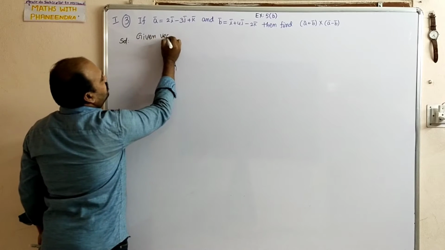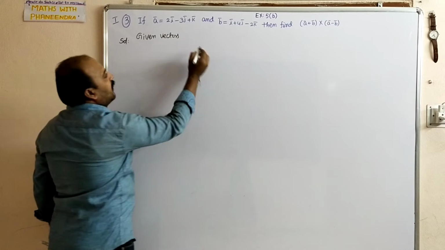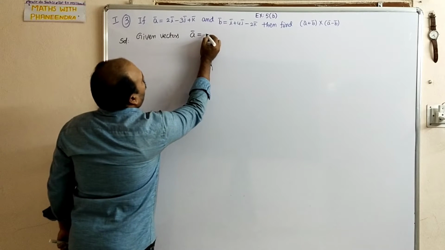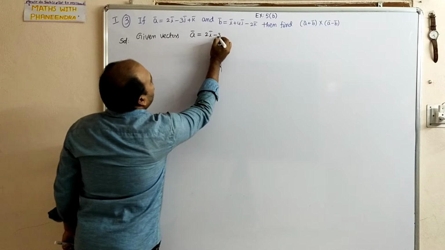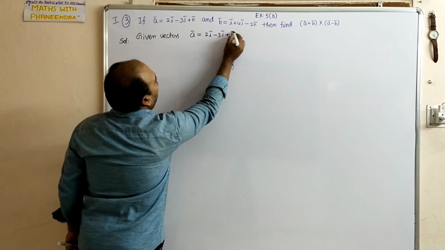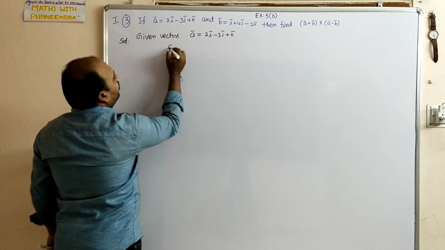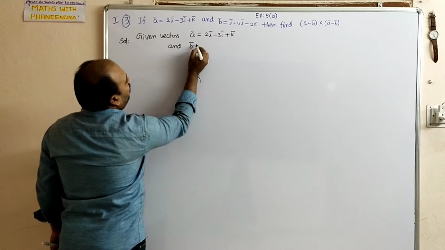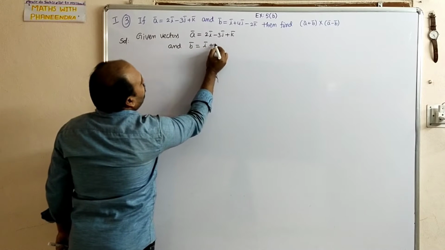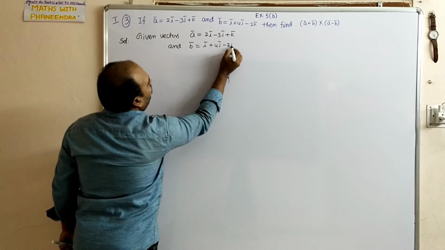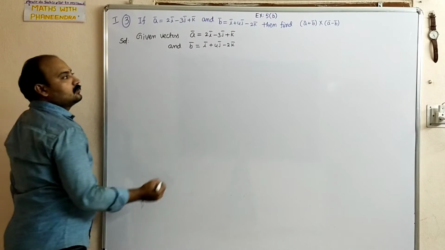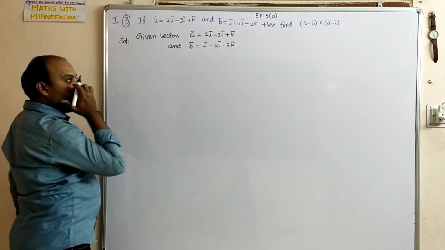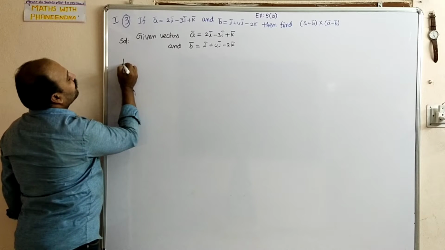Given vectors. A bar equal to 2i minus 3j plus k and B bar equal to I plus 4j minus 2k. Next step, A bar plus B bar.